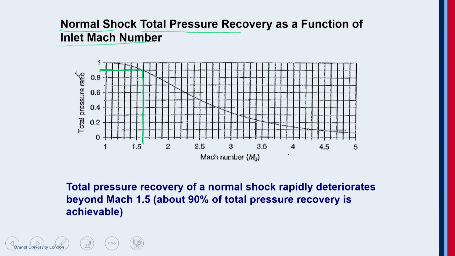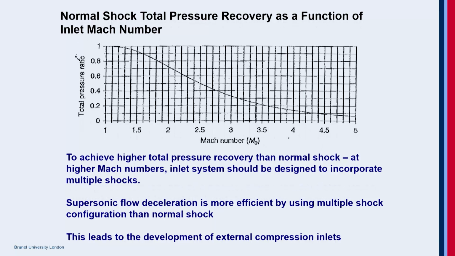So with normal shock inlets, you can go up to Mach 1.6. But man's quest for speed has never stopped, he wants to go for higher speeds. When you go for higher speeds, this is not the solution, because you can see that the inlet pressure recovery immediately reduces here. The total pressure recovery of normal shock rapidly deteriorates beyond Mach 1.6. So we have to look for external compression inlets.